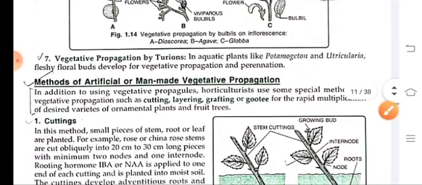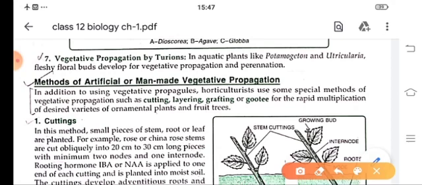The vegetative propagation by turions is seen in aquatic plants like Potamogeton and Utricularia, where fleshy buds develop for vegetative propagation and pollination also.